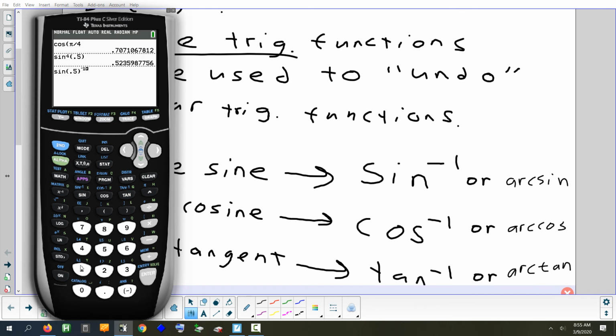Okay. So in the first one, I put what's called inverse sine. In the second one, I have a -1, but it's in a different spot, and they're not the same thing. So raising it to the -1 power is not the same thing as inverse sine. I just want you to see that they're different.